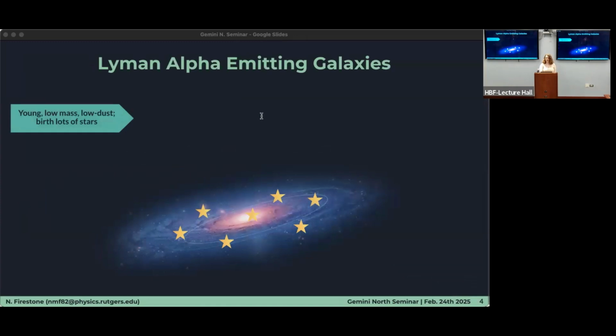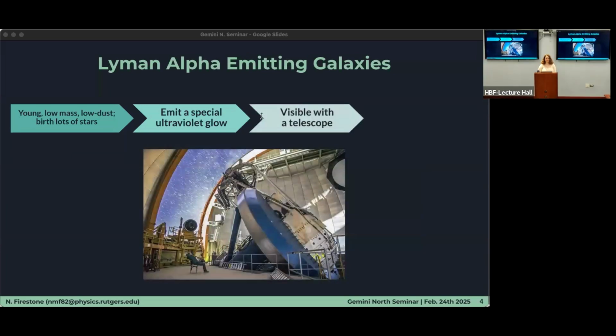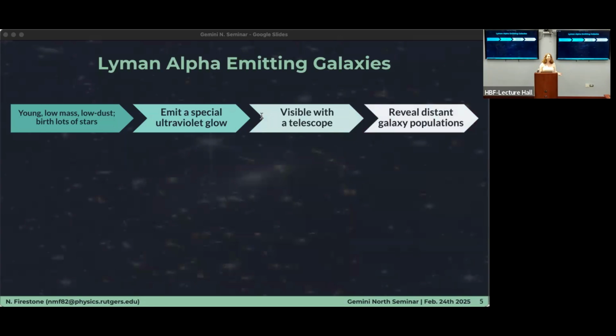And because of this active star formation and the low dust content, we build up a lot of Lyman alpha emission that shines through very brightly in our spectra as this distinct emission line feature. And because of this feature, LAEs are relatively easily detectable from the ground, which makes them absolutely fantastic probes of distant galaxy populations.